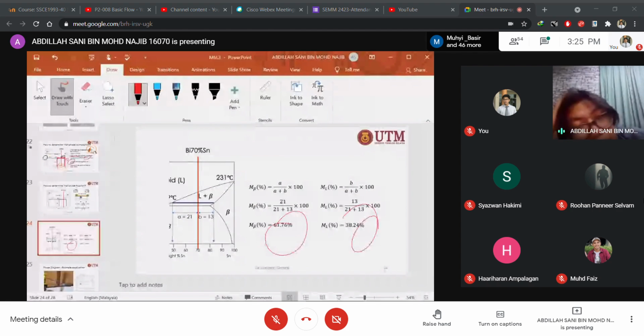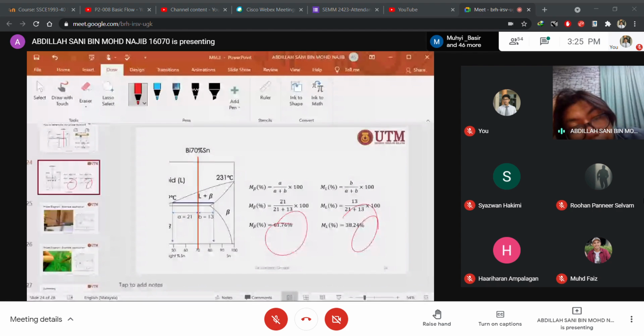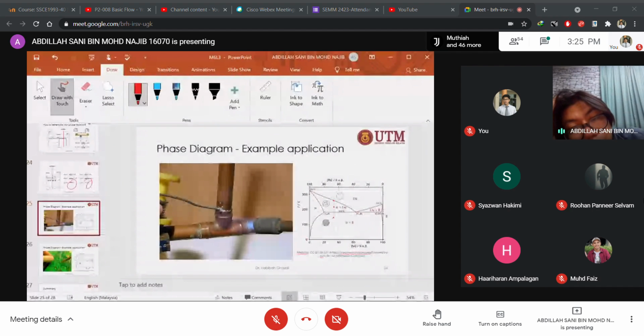So for phase diagram application, we can use this phase diagram to know the microstructure. The example we use is lead and tin, which is used as a solder. This is solder. So you need to understand how the composition is, and with the composition, what are the resulting mechanical properties and so on.